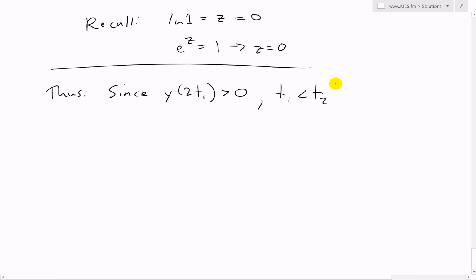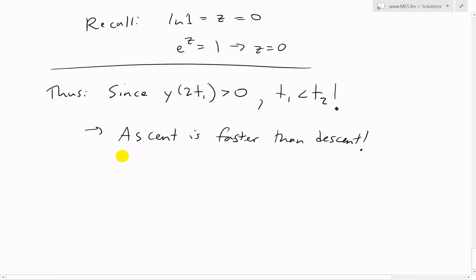In other words, ascent, which is the time it takes to reach the top, which is t1, versus descent, which is the time it takes for the ball to reach the ground from that height, which is t2. So thus ascent is faster than descent.